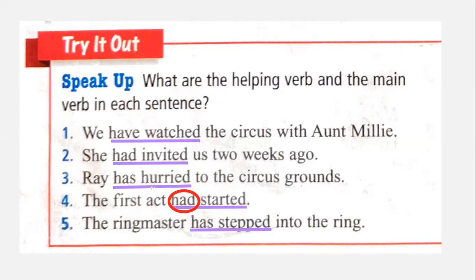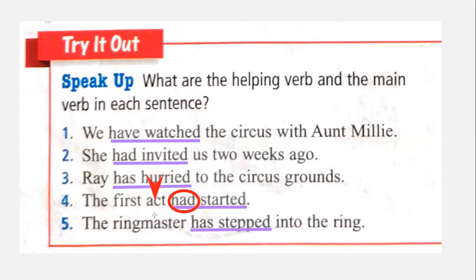We're talking about an act, right? So like when you go to the circus or you go to see a play, you know how they have first act, second act, different people coming in and doing different things, right? So in a circus, they do have different acts because they have different people come up and do different things. So we're talking about the act. In this case, first is acting as an adjective.